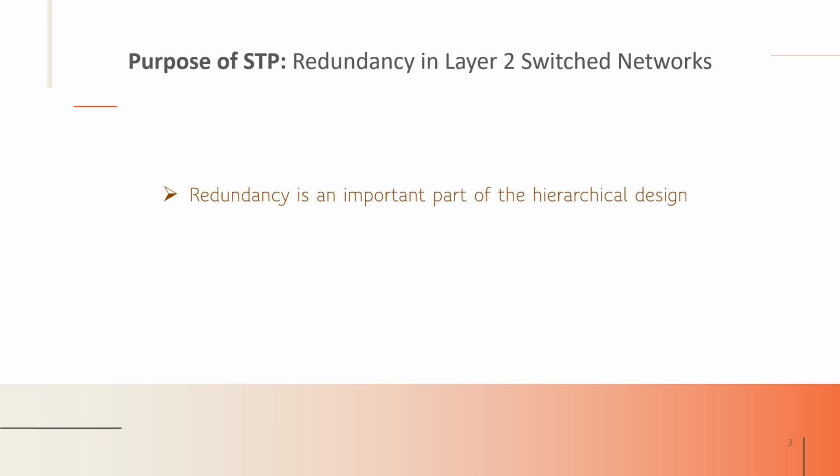And a redundant network requires the addition of physical paths, but logical redundancy must also be part of the design. Having alternate physical paths for data to traverse the network makes it possible for users to access network resources despite the path disruption.